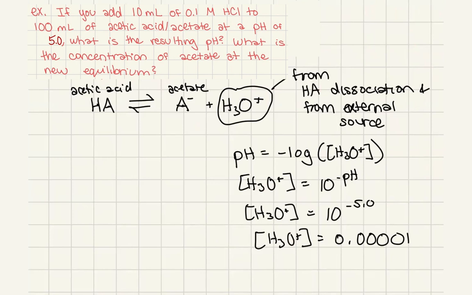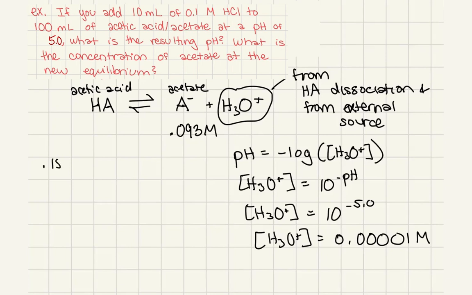So let's first just start off and think about how much of the acid and the acetate we have. And remember, at this point, we're still talking in terms of molarity. We calculated before that our acetate concentration was going to be equal to 0.093 molar. And now we need to figure out our acetic acid concentration. We know that our combined concentration of our acetic acid and our acetate is 150 millimolar or 0.15 molar.